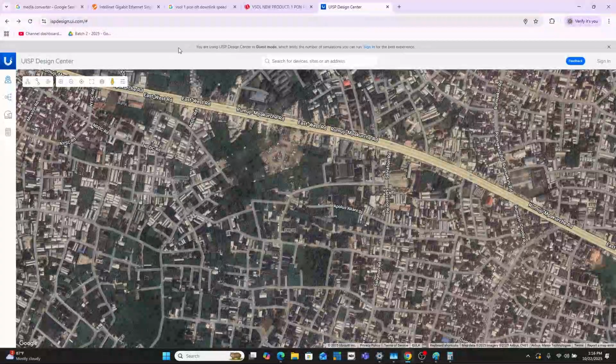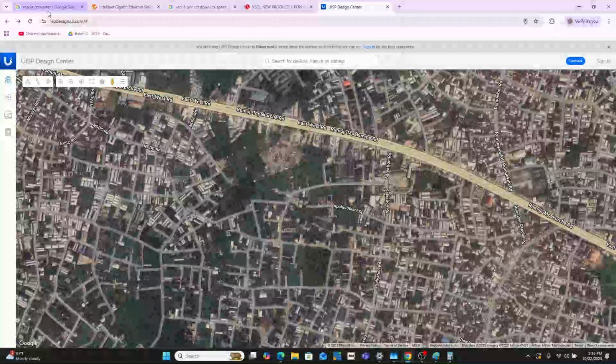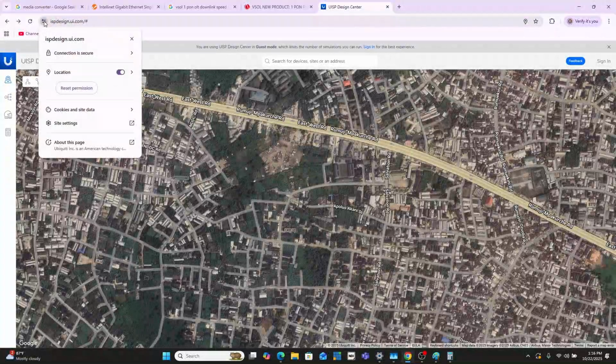Or you do like, go up here. I noticed that some of us, our map is in another country. Go up here, allow access to your location, so that it will take you down to where you are.